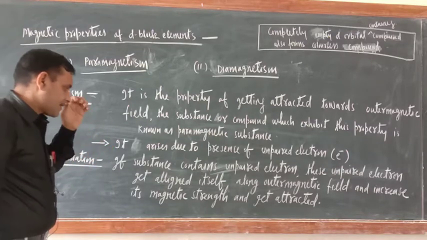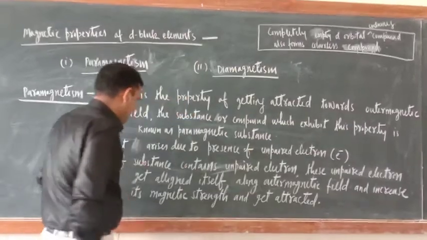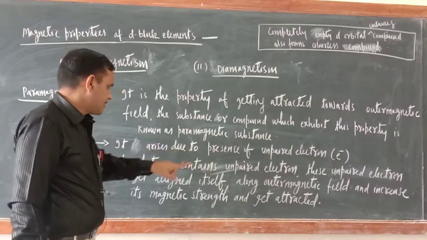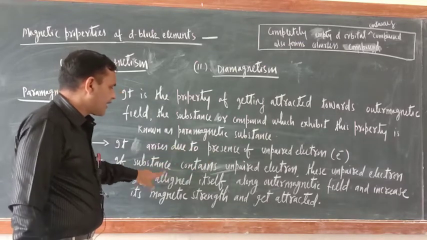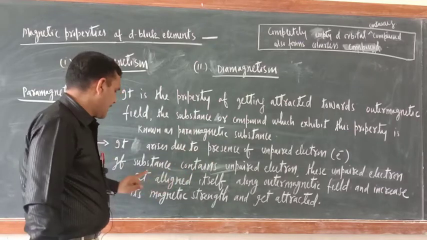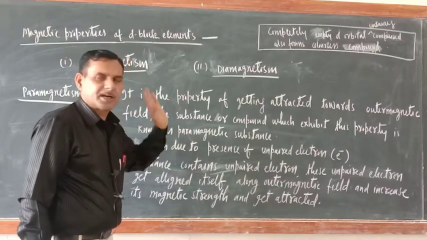Just see, if a substance contains unpaired electrons, these unpaired electrons align themselves along the outer magnetic field and increase its magnetic strength, hence it gets attracted.